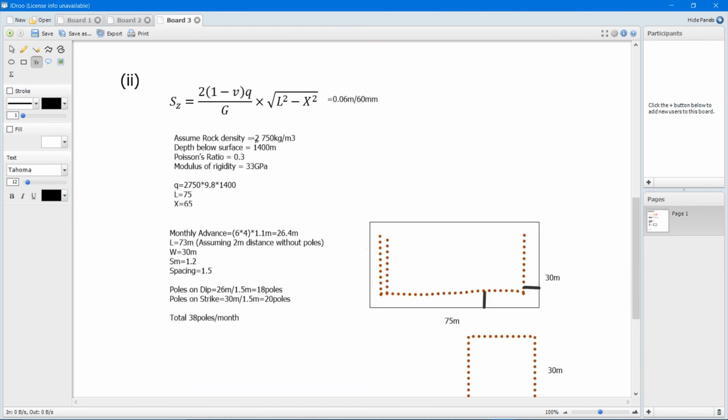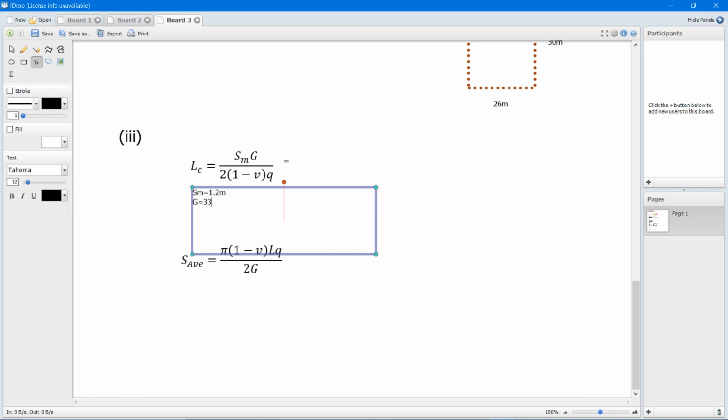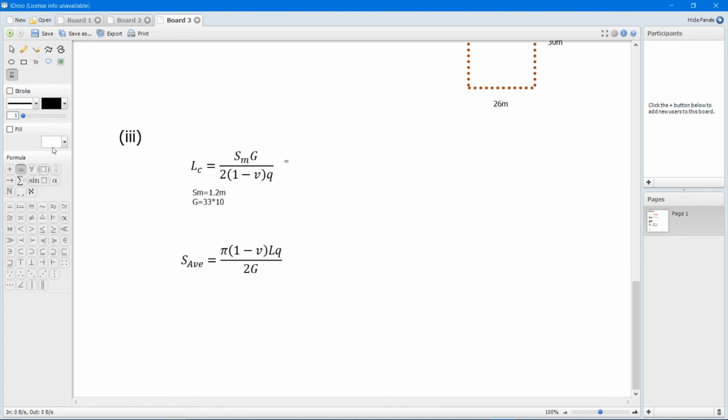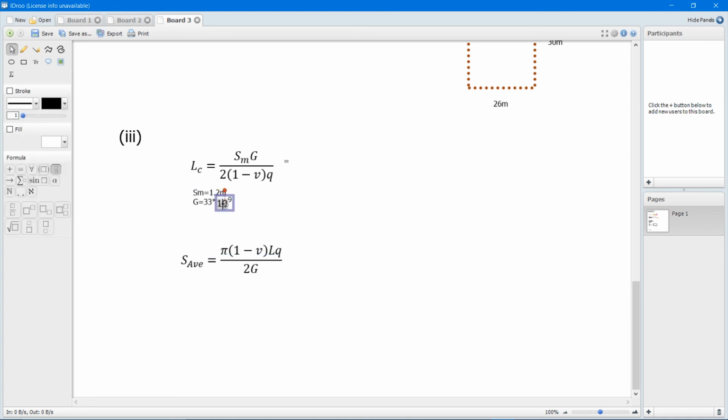As you can see from what we were given previously, that's the same information we are using now.